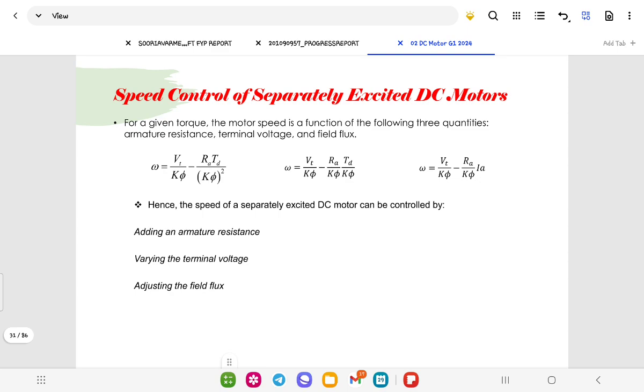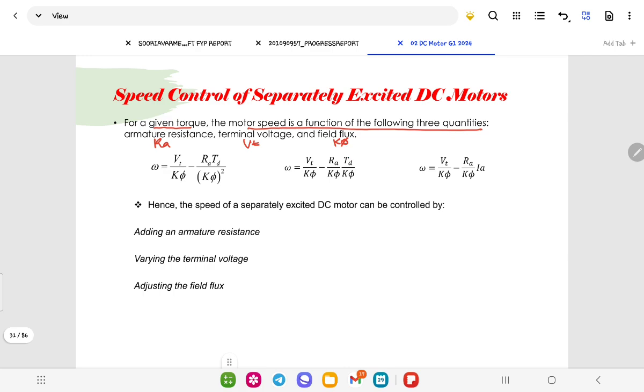Before that, speed control of a separately excited DC motor. For a separately excited DC motor, for a given torque, the motor speed is a function of three quantities: the armature resistance, the terminal voltage, and the field flux.